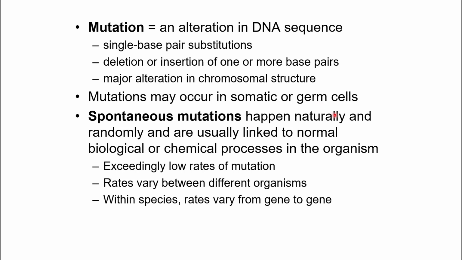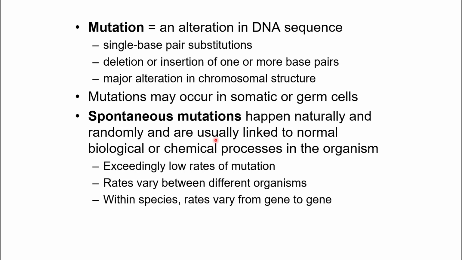Mutations are also classified as what we call spontaneous, meaning that they happen naturally and they're random. They are usually linked to normal biological or chemical processes in the organism that occur during replication. And I will present some data in a couple slides that kind of proves this notion that our mutations are indeed spontaneous.